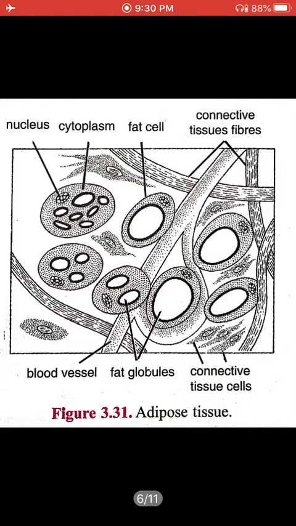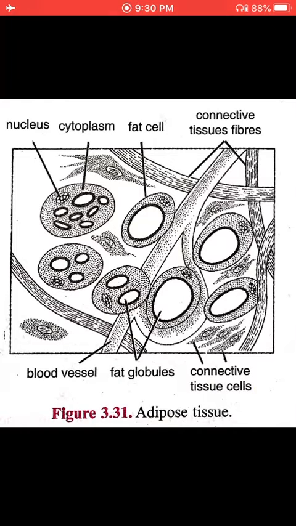Each fat cell is rounded or oval in shape and contains a large droplet of fat. Basically, they occur in abundance below the skin, between internal organs, around the kidney, and in yellow bone marrow. So they are present in such particular areas.